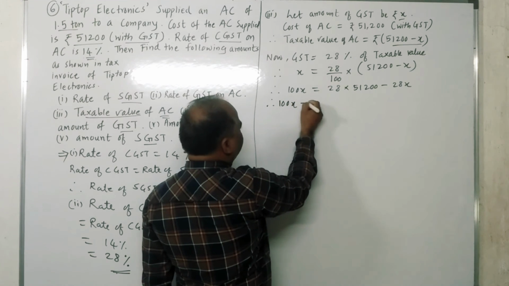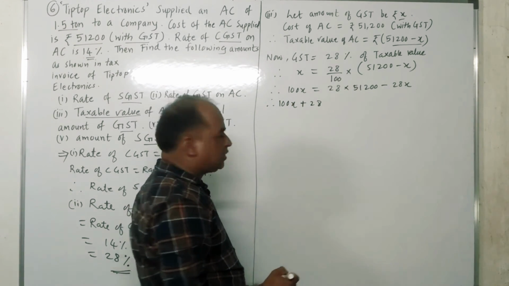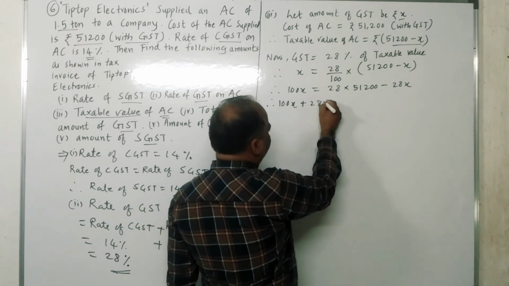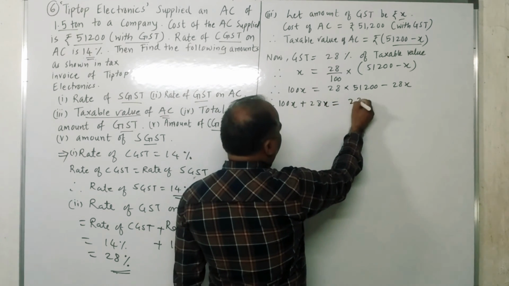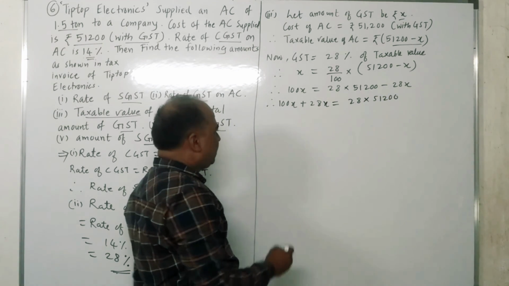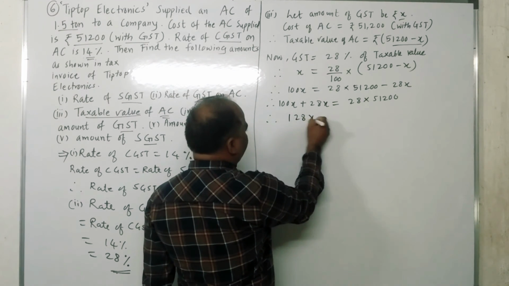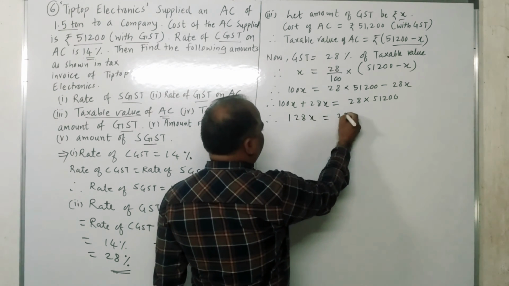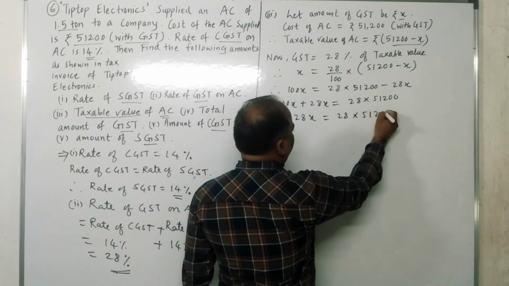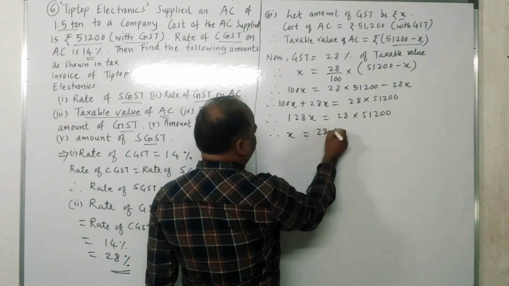Therefore 100x plus 28x is equal to 28 into 51,200. So 100 plus 28 is 128x is equal to 28 into 51,200. Therefore x is equal to 28 into 51,200 divided by 128.